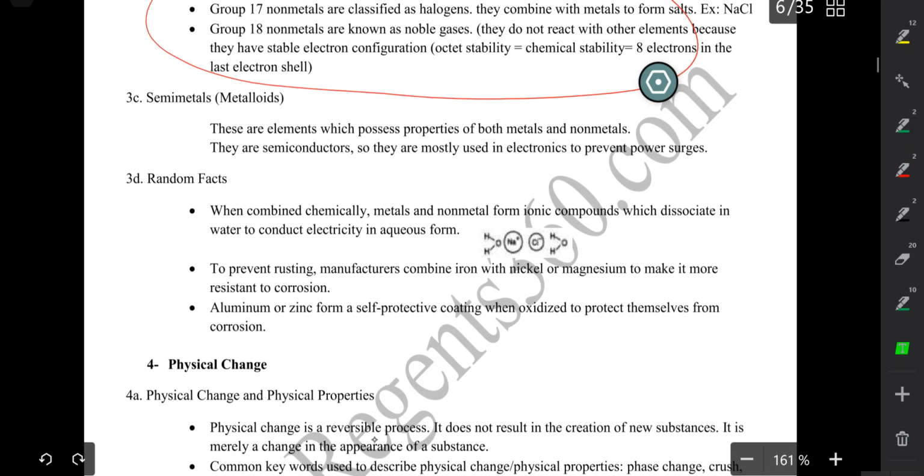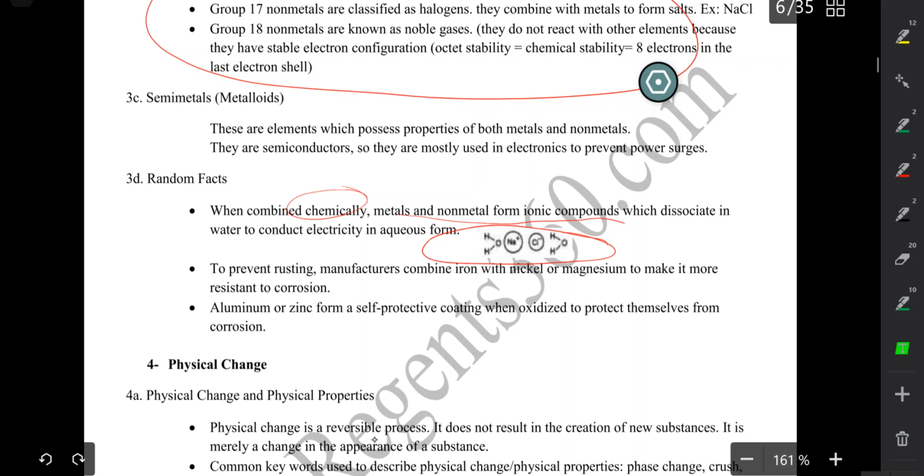When combined chemically, metals and nonmetals form ionic compounds. So here's an example of NaCl, an ionic compound. Na, metal, Cl, nonmetal. When you put a metal with a nonmetal, you make an ionic compound. When you put that ionic compound in water, it will dissociate in this fashion.